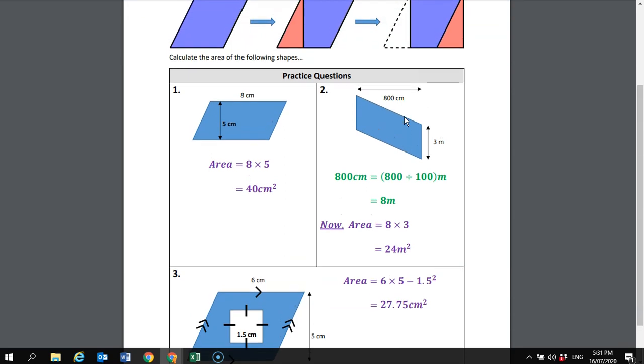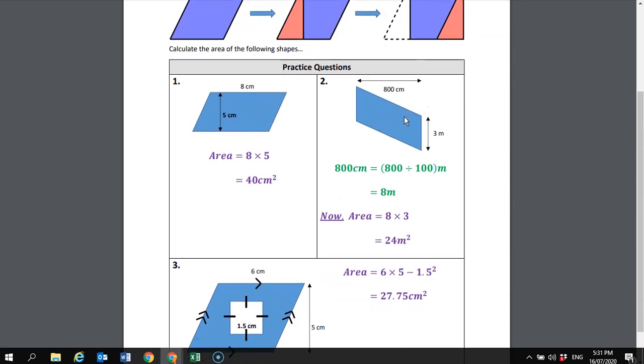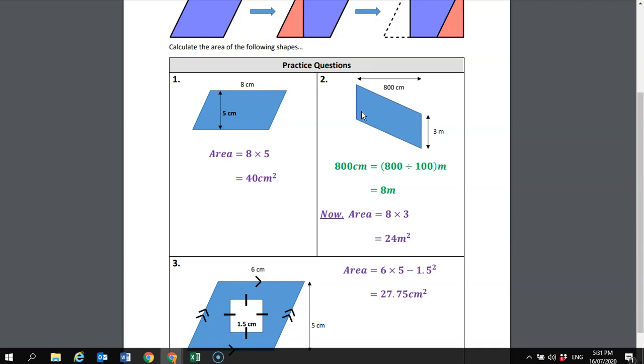Okay. Moving on to question 2. This one looks a little bit more confusing, but it's not. All you have to do is tilt your head to the left 90 degrees, or pick up your laptop and put it on its side, and then you will see that this 3 meters here is actually the base.